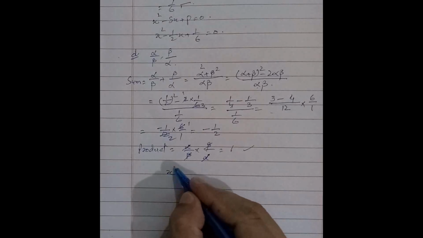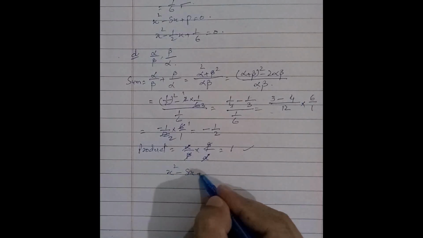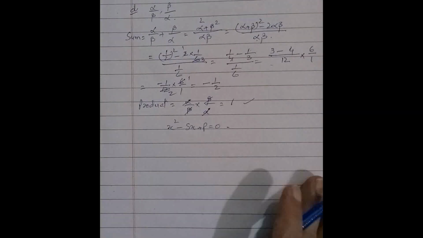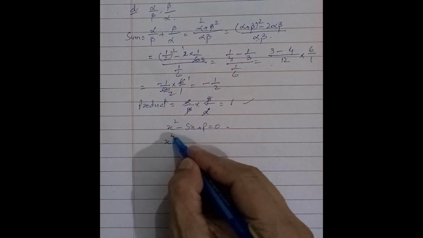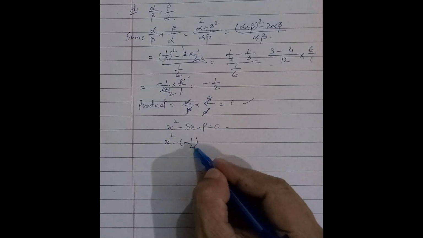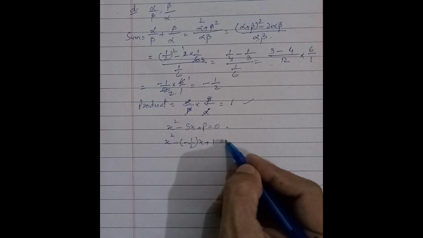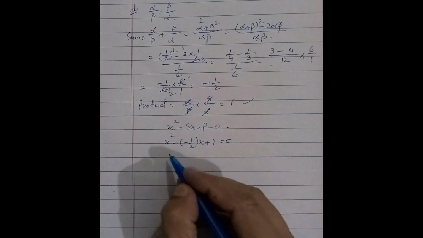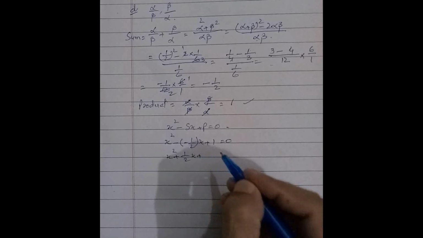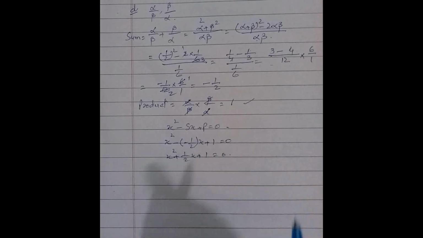The equation is x square minus sx plus p is equal to 0. X square, the sum is minus 1 over 2, minus of minus 1 over 2 x, product is 1. And further simplifying it, x square plus 1 over 2x plus 1 is equal to 0.